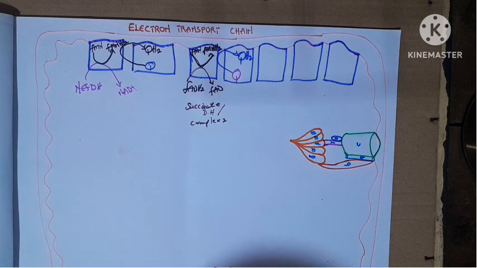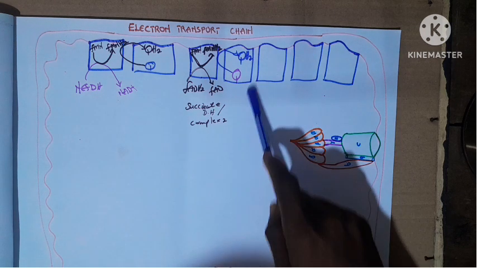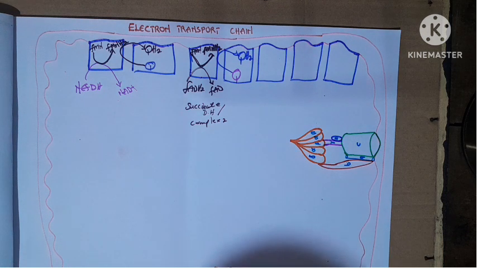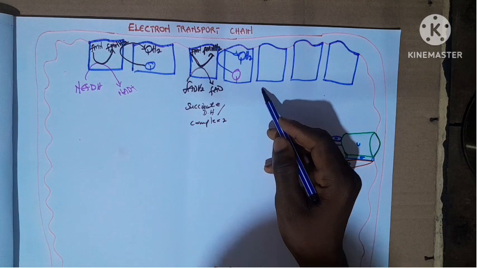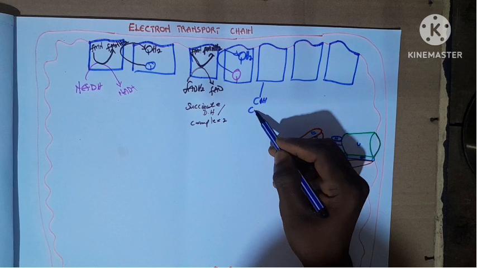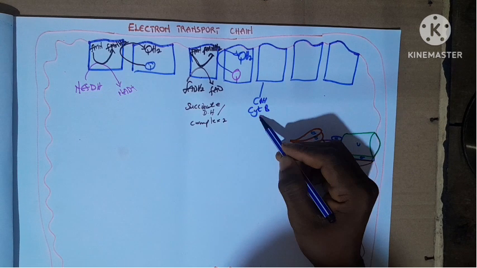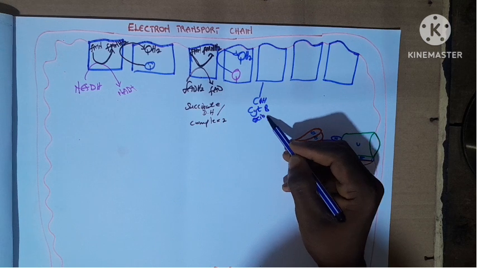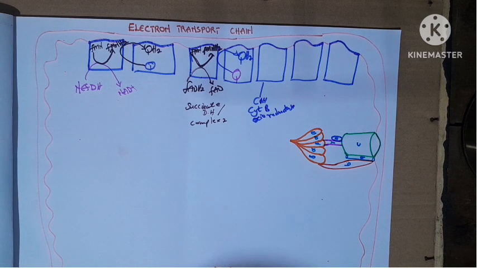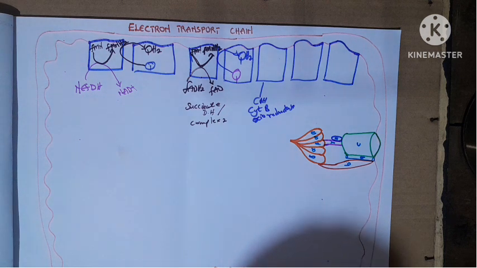Complex 3, or cytochrome b oxidoreductase, is also known as the cytochrome bc1 complex. You can also call it the cytochrome bc1 complex.